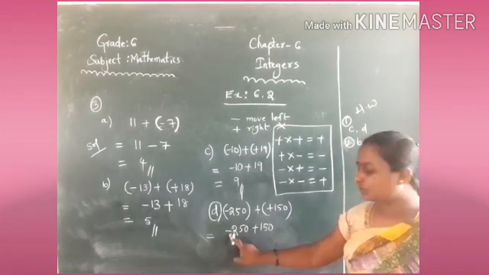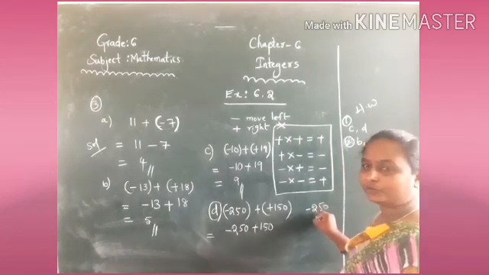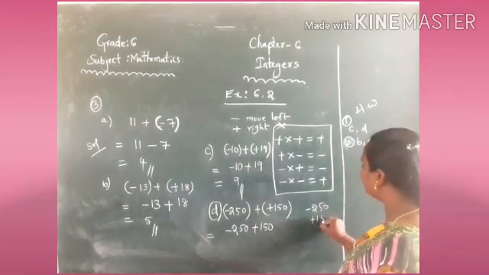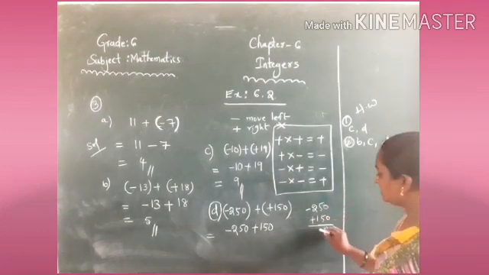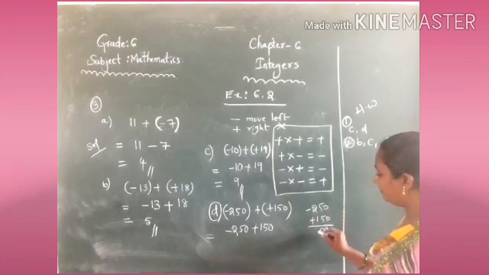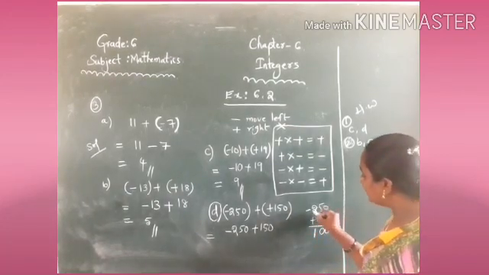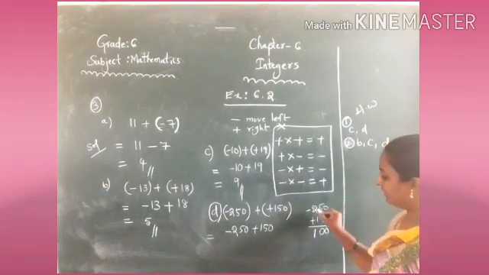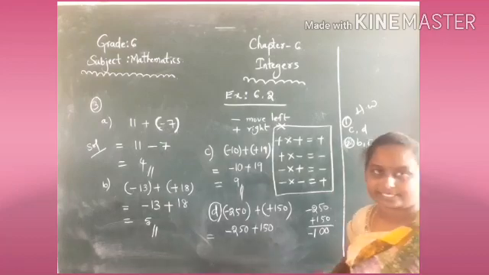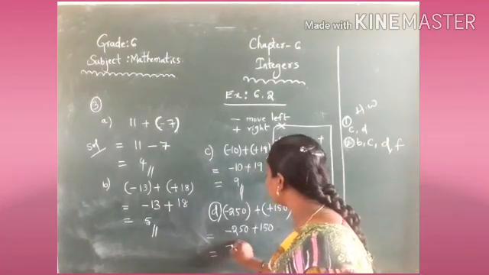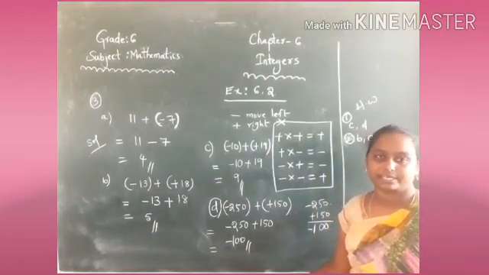Minus. So we have to subtract the positive from the negative integer: 250 minus 150 is 100. This larger value has minus, that's why we should give minus. So what is the answer? Minus 100.